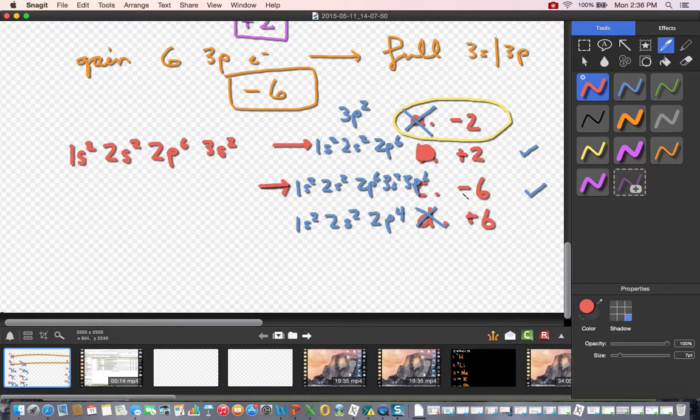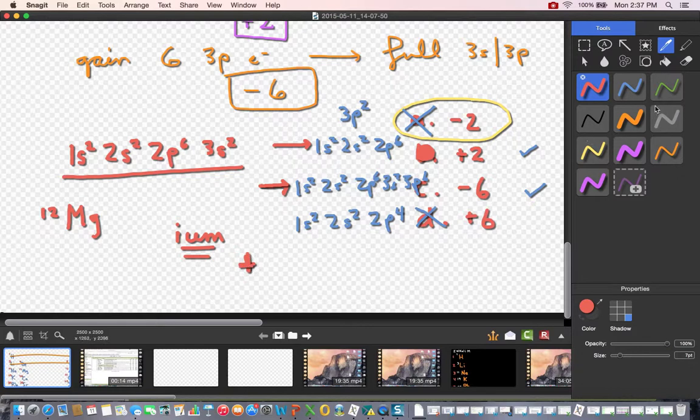Secondly, and more importantly, look at what element this represents. This represents magnesium, element 12. Magnesium, with the -ium ending, always denotes a positive charge.